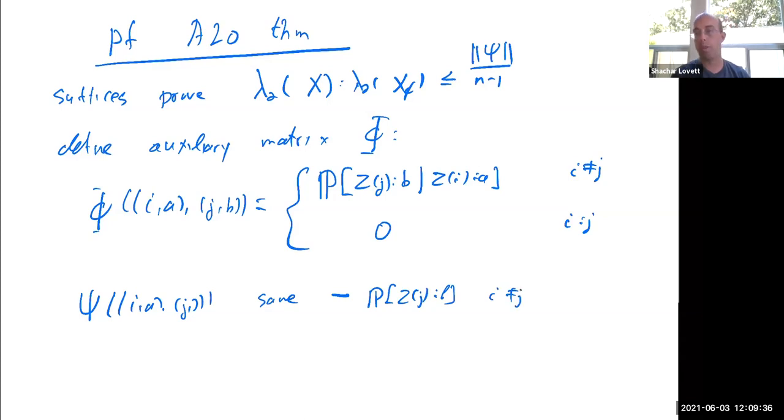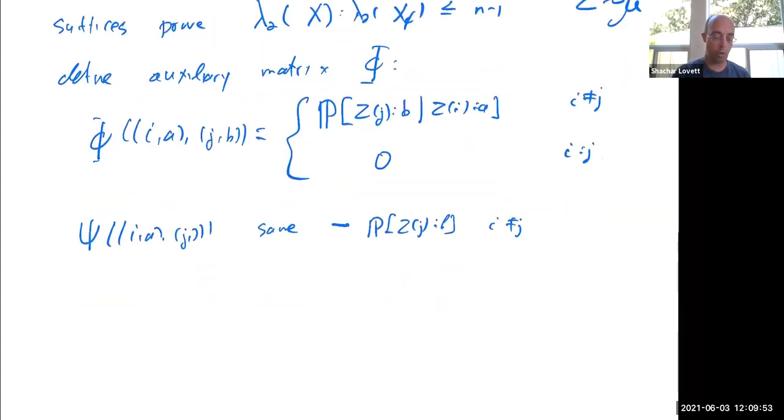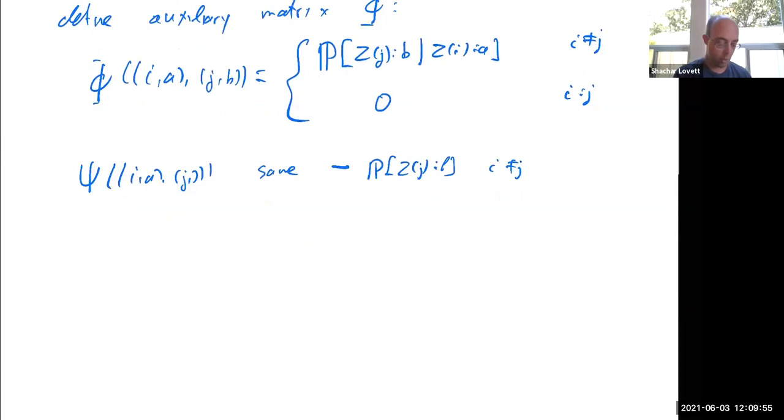So they had these two components: the probability of Zj is B conditioned on Zi is A, minus the probability Zj is B. And here it will always be assumed that Z is coming from U, so I won't keep writing it down. So now phi just has one piece of the puzzle. And I want to argue the following thing. So the proof is going to have two steps. So step one, we're going to prove that this A, which is the normalized adjacency matrix for the complex, is exactly the same as 1 over n minus 1 times phi.